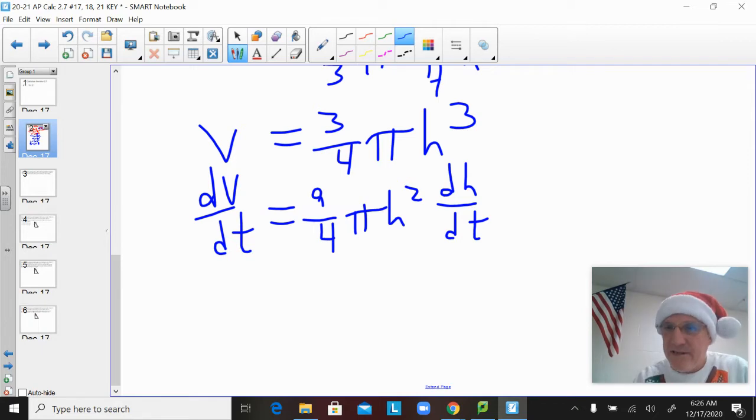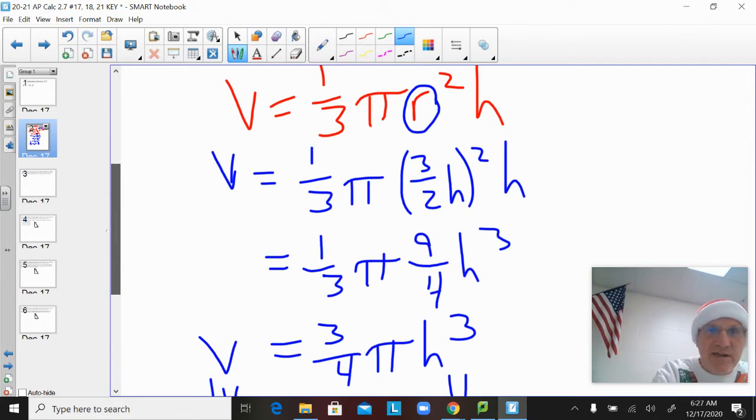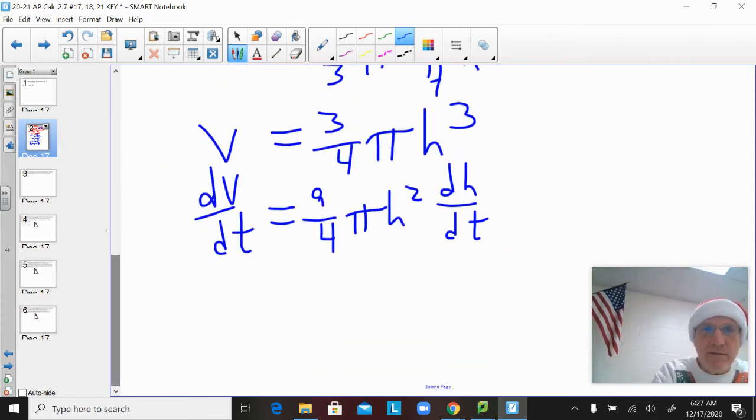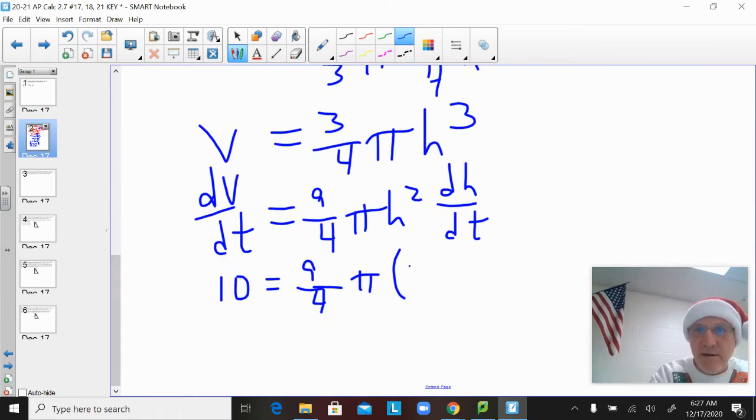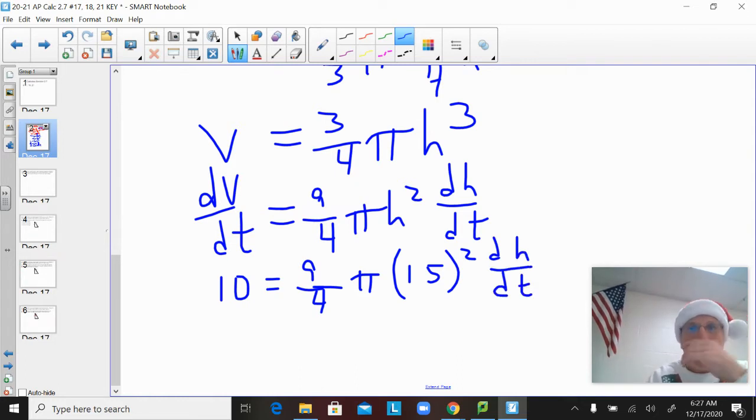And now I think I can substitute known values in for everything. dV/dt, it told us, was 10. 9/4 pi. It said to find it when h is 15, squared, and then dh/dt is what we're looking for. All right, 15 squared is 225.